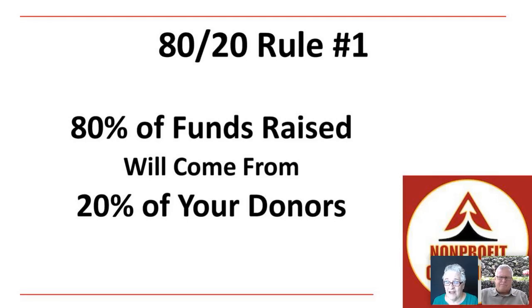But on the other hand, it's a little bit scary, because what happens if those 5% of your donors drop off or leave your organization or die or forget to make a gift this year?